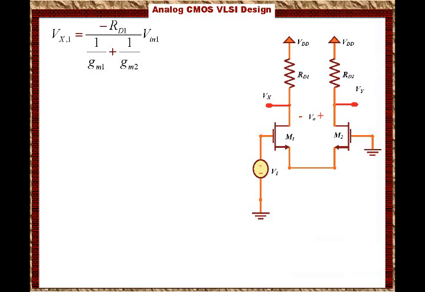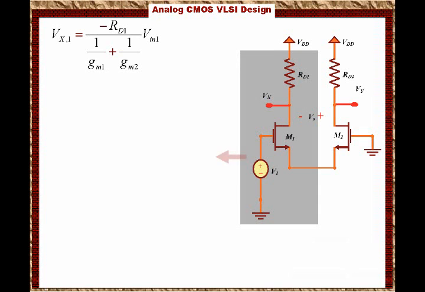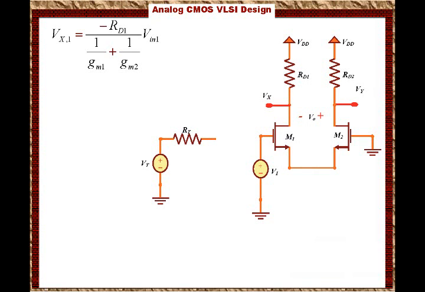The way we're going to do it, we will Thevenize M1 into one voltage source and one equivalent resistance, and then we can solve for the circuit. So the way the circuit will look is we will have a Thevenin voltage source connected to our Thevenin resistance, and then we will have the source of M2, and then M2 connected to Rd2 connected to the power supply.